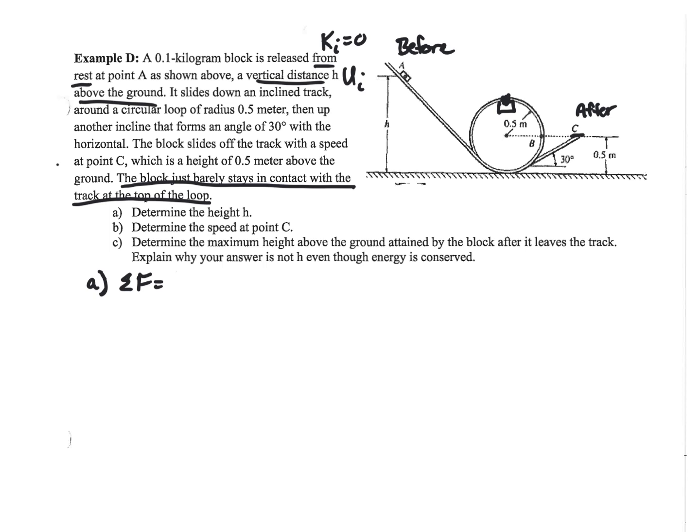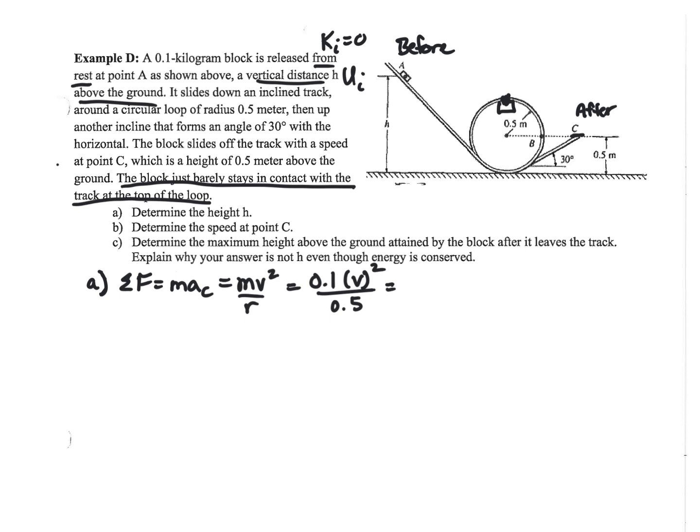It is going to be equal to m a centripetal, which is m v squared over r, and I know all of those things. I know this is 0.1. I don't know my velocity, but I want that. And r is 0.5. So that has got to be equal to what?